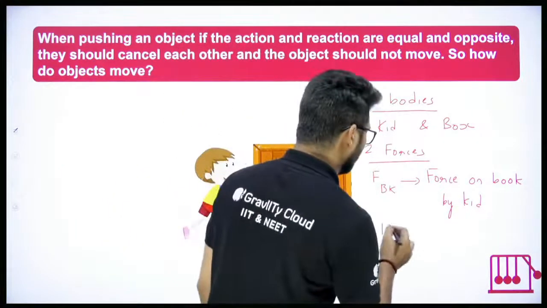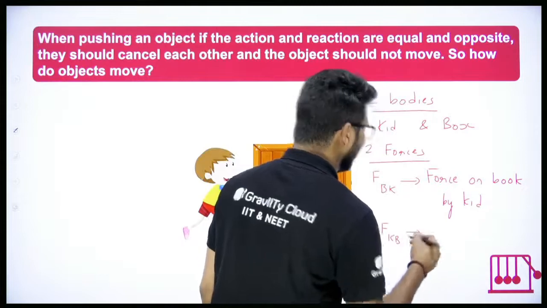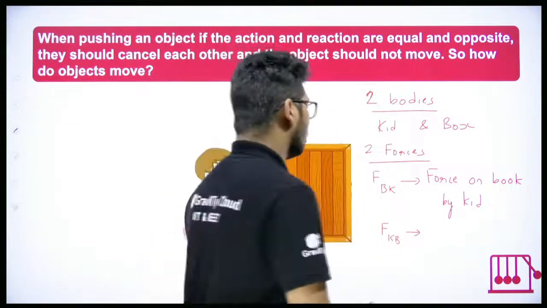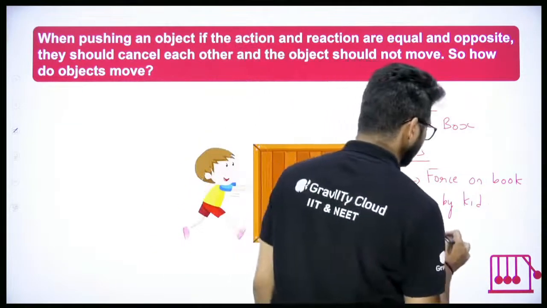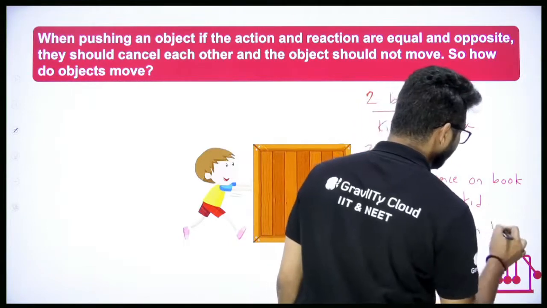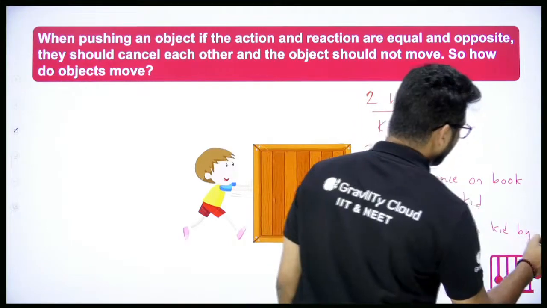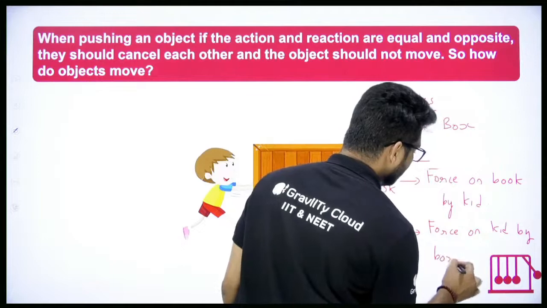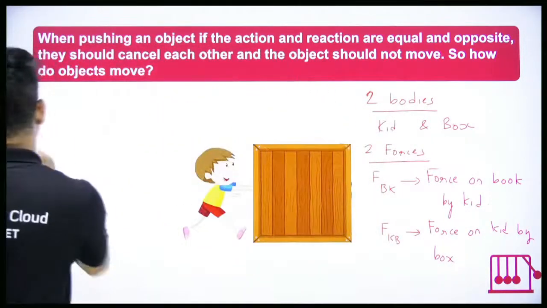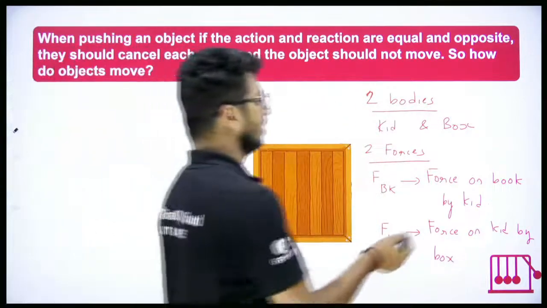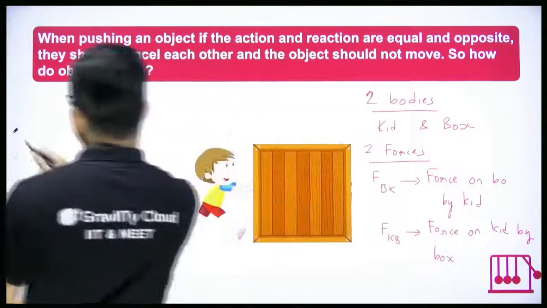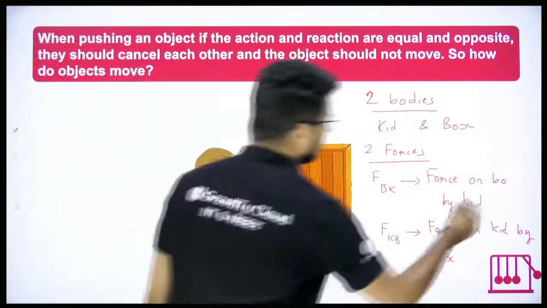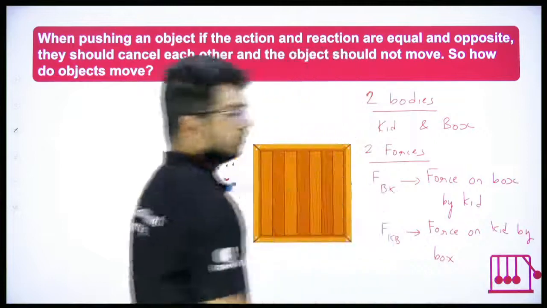Then another force, just change the order: F_KB, force on kid by box. My mistake, it should be box, not book. Okay, so you got the two forces.